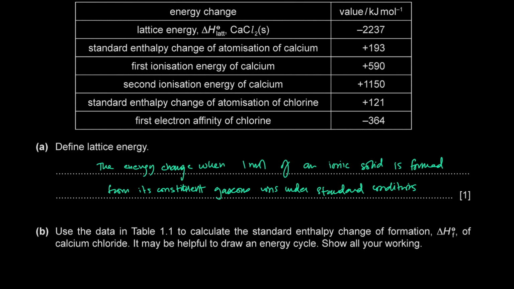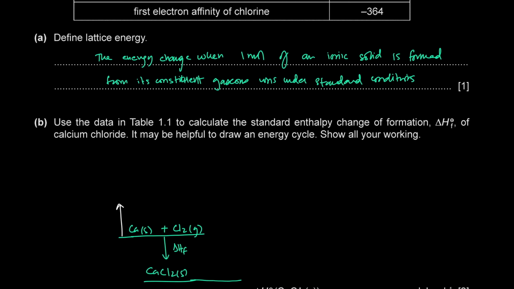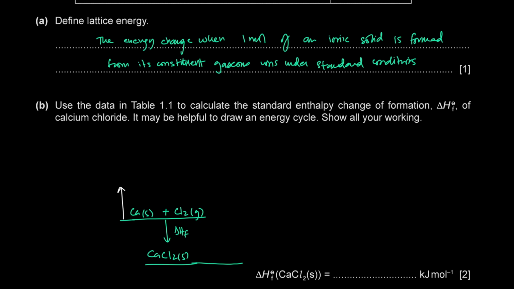The enthalpy change of atomization is the enthalpy change or the energy needed to form 1 mole of gaseous atoms from the element in its standard state, in this case the solid. So the atomization of calcium is positive 193.